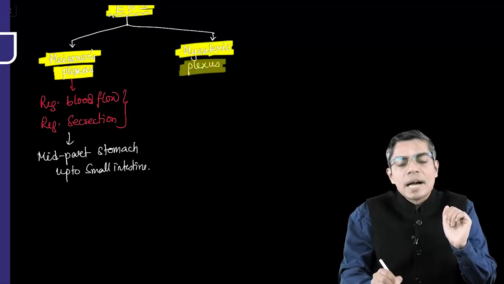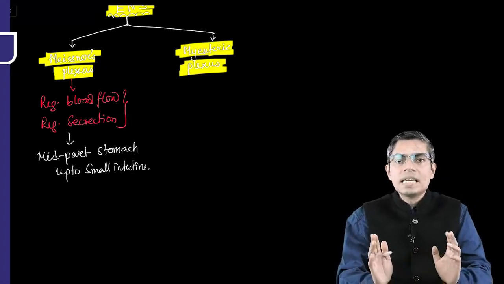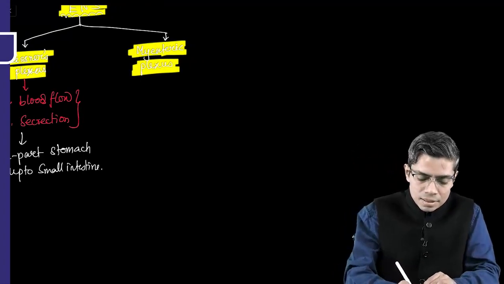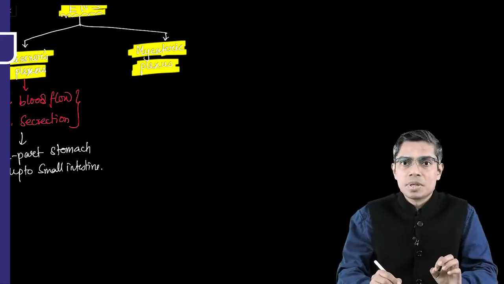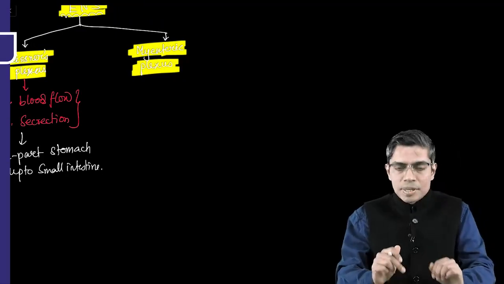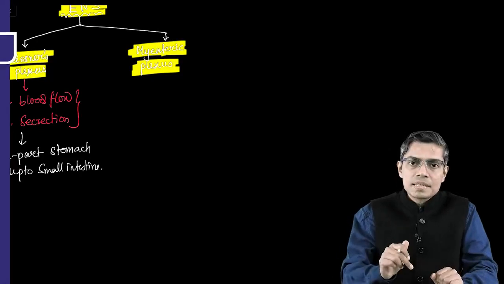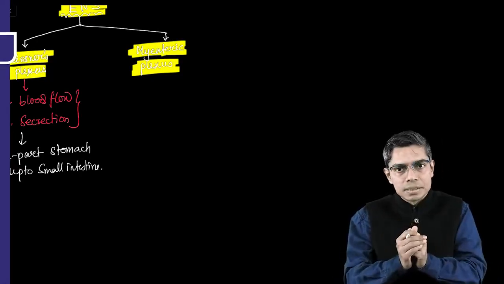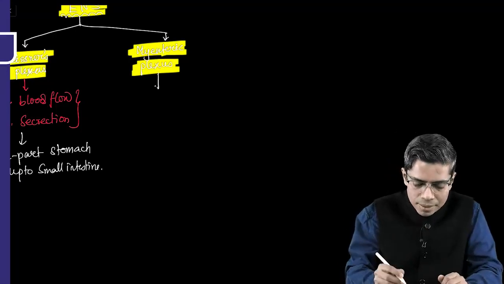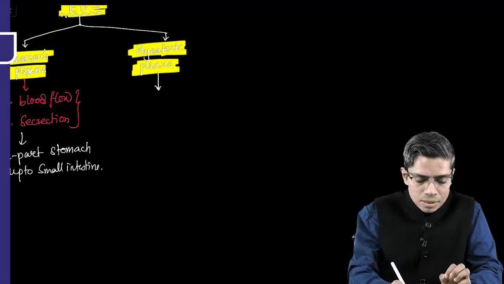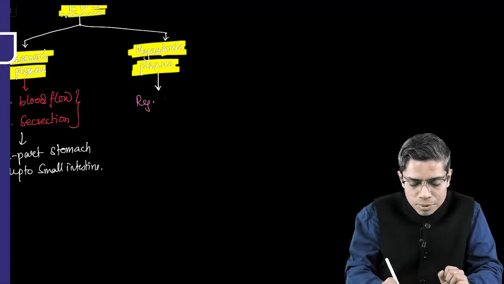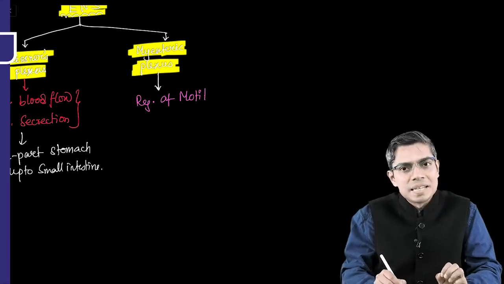And the myenteric plexus is located in between two smooth muscle layers of the GIT, that is the circular and longitudinal smooth muscle. So what is this plexus going to do? This plexus is going to regulate the smooth muscle contraction. Myenteric plexus or Auerbach plexus is responsible for regulation of motility of the GIT, right?